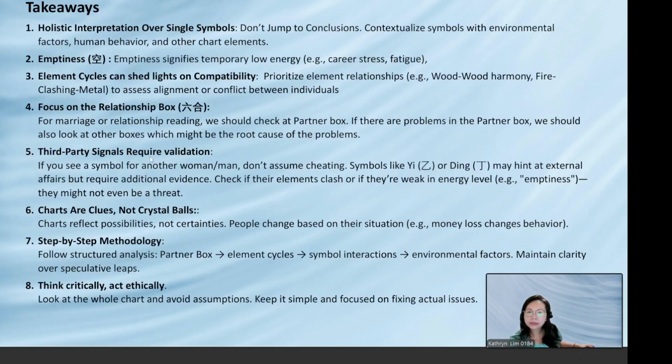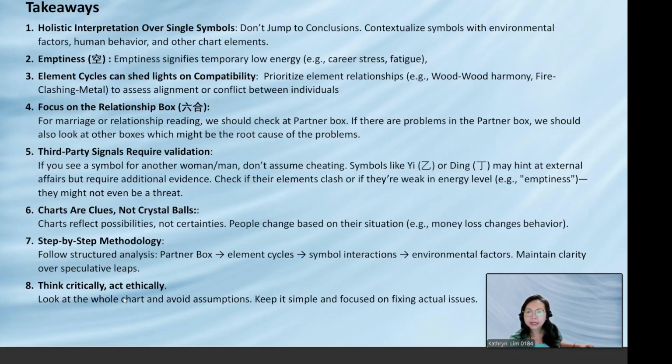For marriage and relationship readings, the focus box is the partner box, or the relationship box. If there's a problem inside the partner box, we should also look at other boxes, which might be the root cause of the problem. This is what I've learned in the married case study.